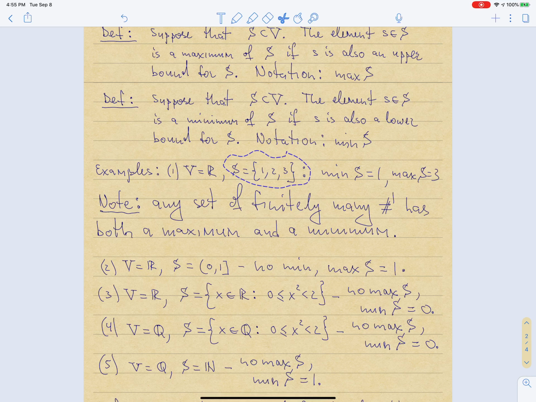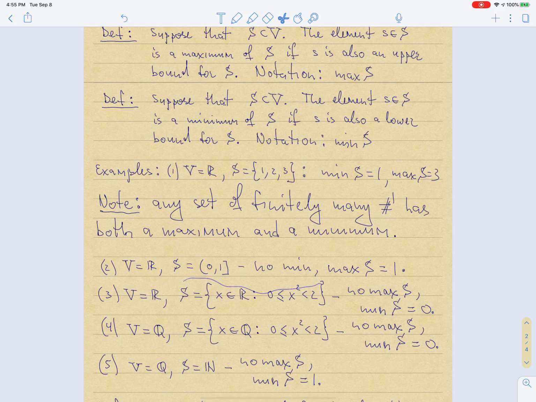So for example, in number 2, S is between 0 and 1, not including 0. So that means that 1, which is an upper bound, is also an element of the set, so the maximum must be equal to 1. 0 is somehow the greatest lower bound here, but 0 does not belong to the set, so the set does not have a minimum.